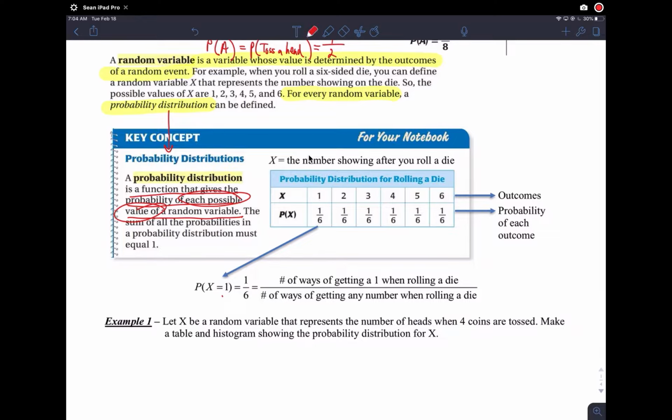So I get there's a 1/6 chance of getting a 1, but then there's the same chance of getting a 2 because there's a 2 on the die, and there's one way that you can get a 2, and there's 6 possible outcomes on the die. So 2 has the same probability as 1, and so does 3, and so does 4, 5, and 6.